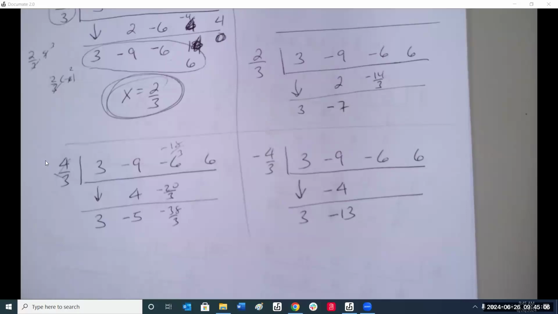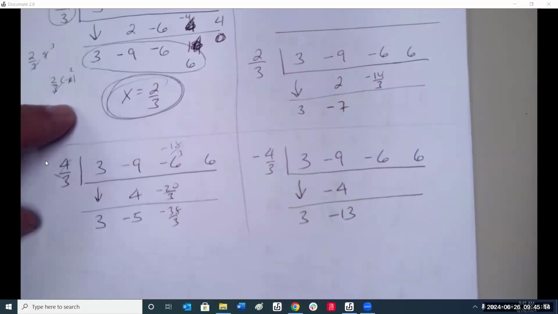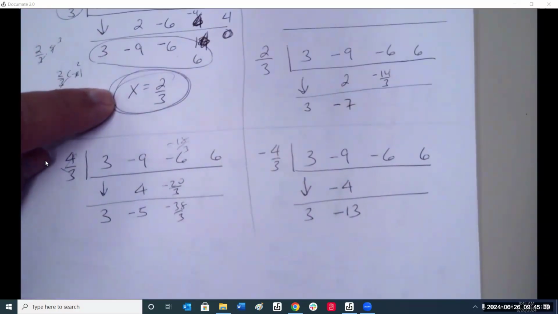Okay, I might have made a mistake somewhere along the way here. So we know 2/3 works. That's 2, makes it negative 9. 3 times 2 is negative 6. Negative 4. And 4. Yeah, 3, negative, negative.